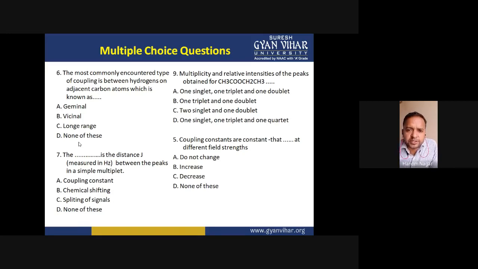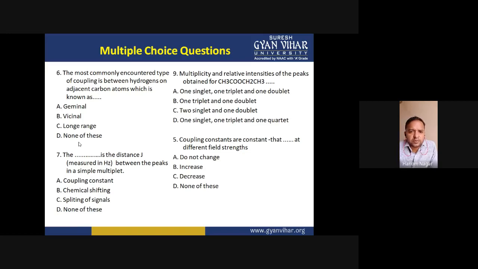For the CH3 protons connected with the COO group, the left hand side CH3 group, the signal appears as a singlet because it does not have neighboring protons to interact with. So there is no spin-spin coupling, and if there is no spin-spin coupling, then there is no splitting of the signal.